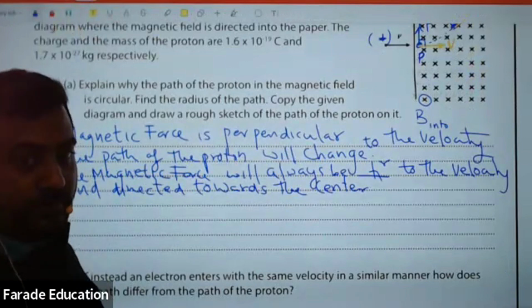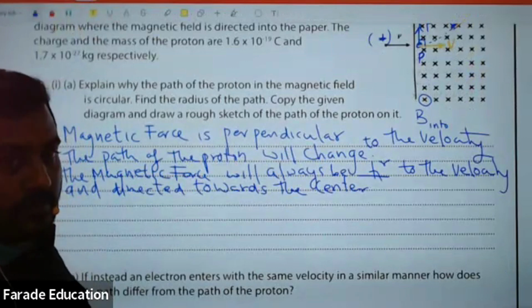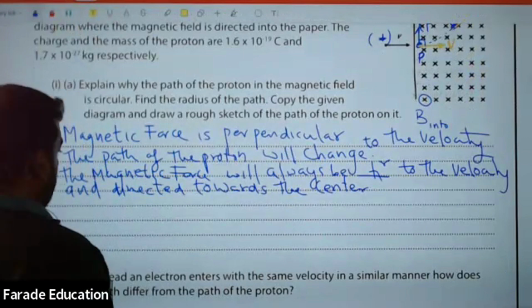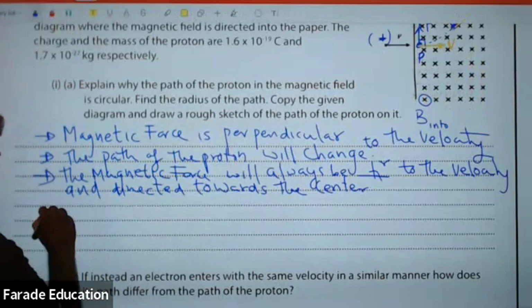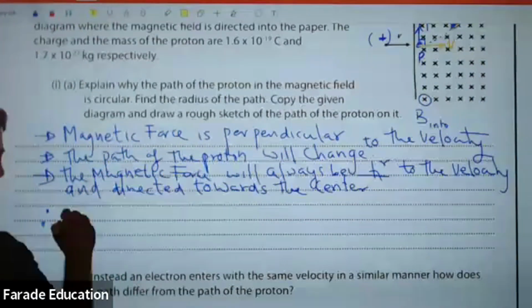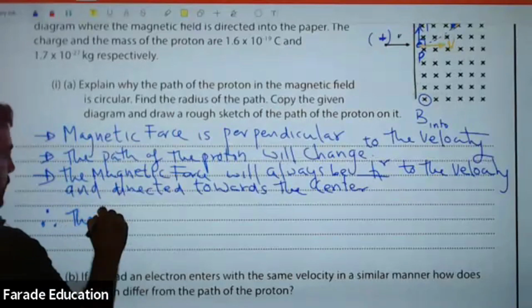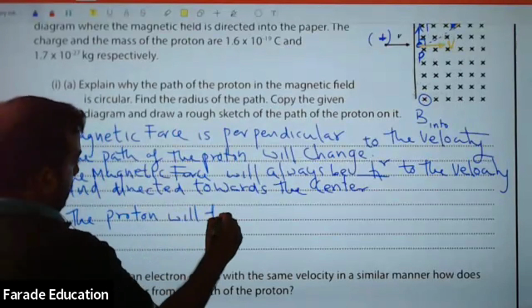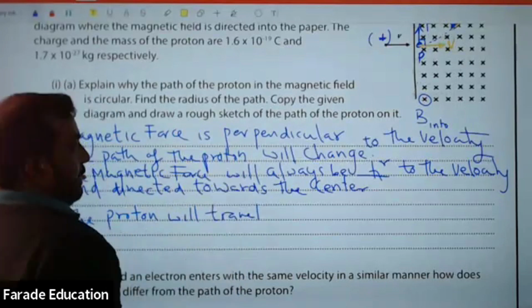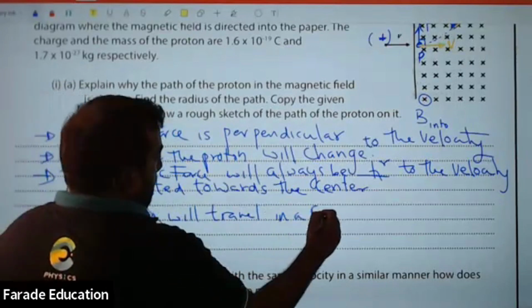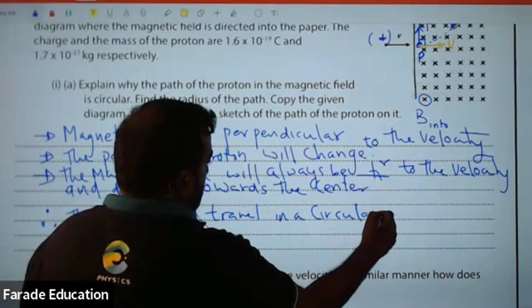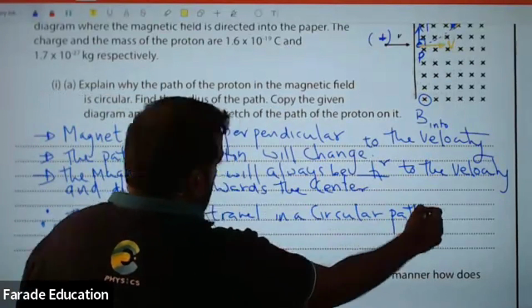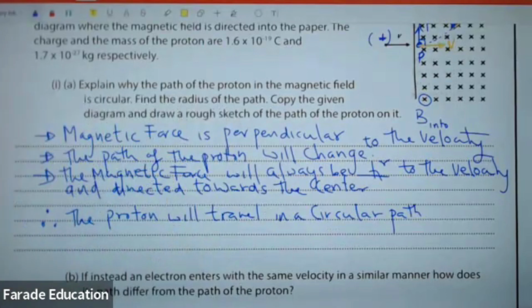Therefore, the proton will travel in a circular path.